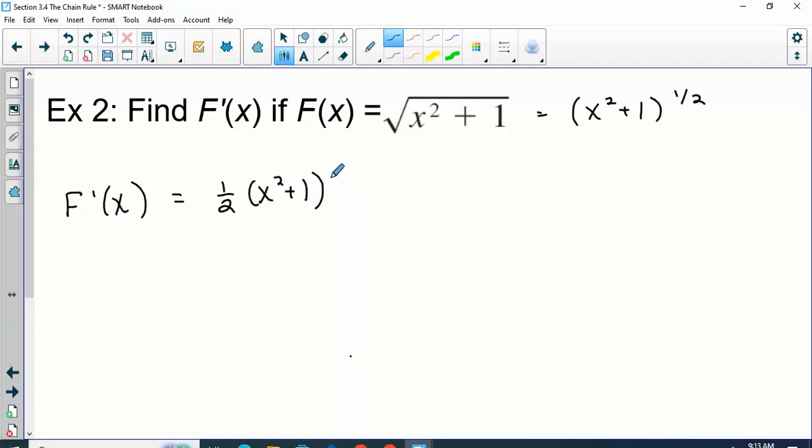Subtract 1 from the power, so 1/2 minus 1. Times derivative of the inside, or we could simplify: 1/2 times 2x is just x, times x squared plus 1 to the negative 1/2 power.